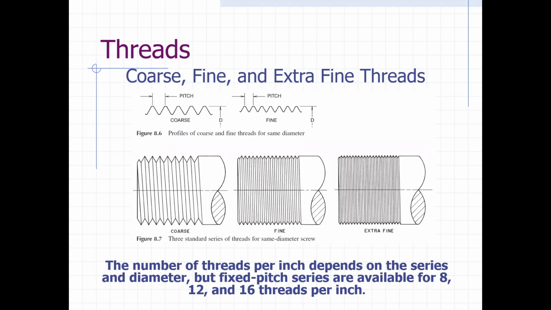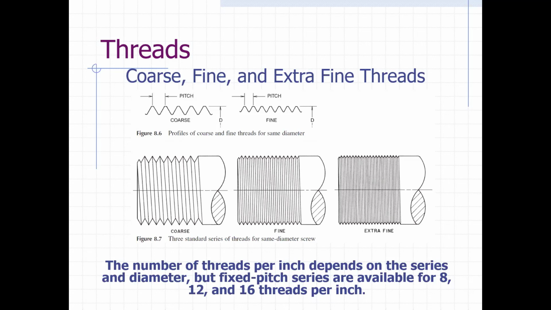So, typically you have coarse, fine, and extra fine threads per inch designations for each size thread that you have, right? So you might have a 1/4-20 that's coarse, or you might have a 1/4-28 that's fine, right? There are also what's called constant pitch numbers.